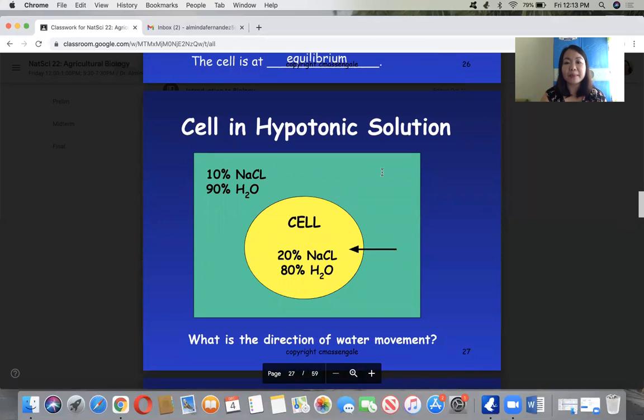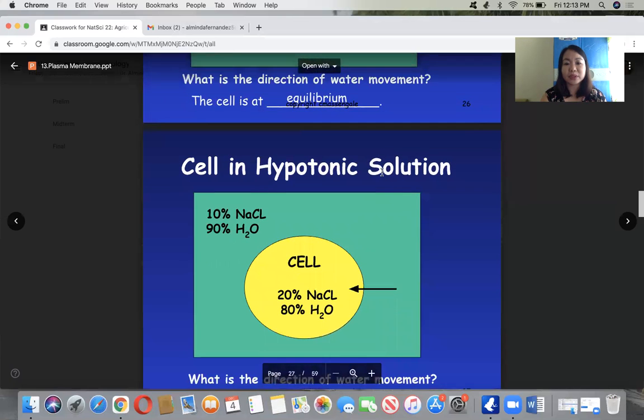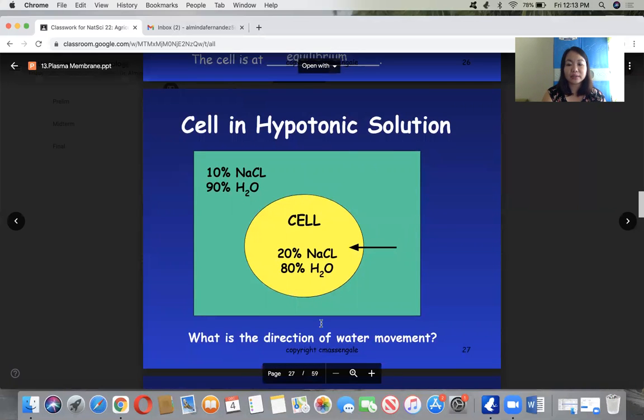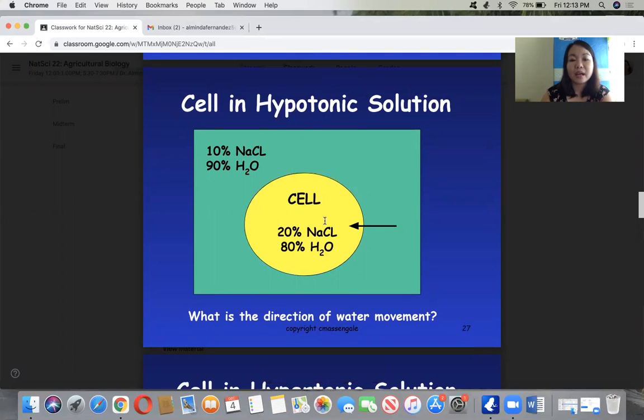While for a cell in a hypotonic solution, and again this is isotonic solution wherein there's no movement in and outside the cell, but for a hypotonic solution, the direction of water movement is going inside the cell, because the solute sodium chloride outside is lower than inside the cell.